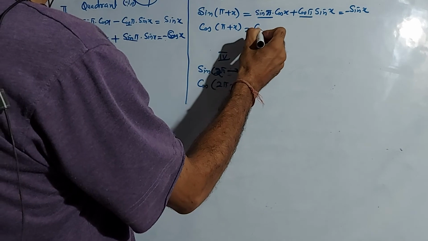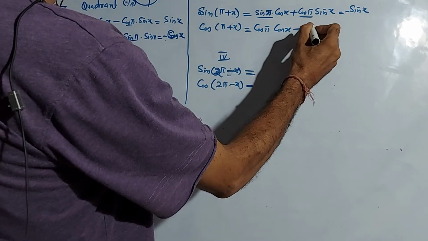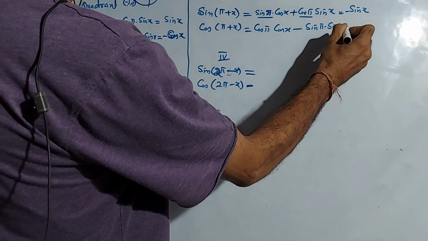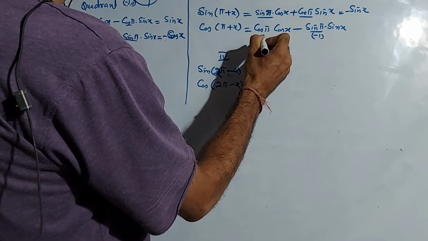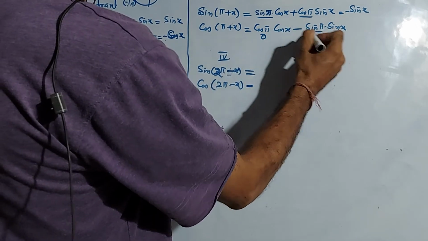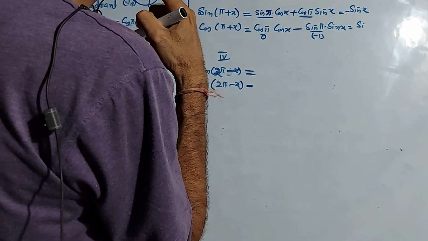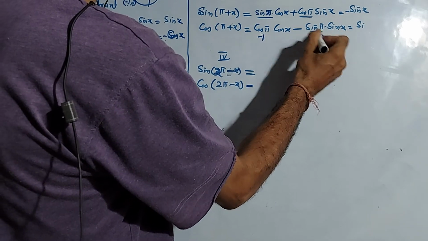And cos pi into cos x minus sine pi into sine x. Now see, this is -1, this value is -1, this value is 0. So it will be 0, minus minus plus and plus. This is -1, this is -1 and this is 0.